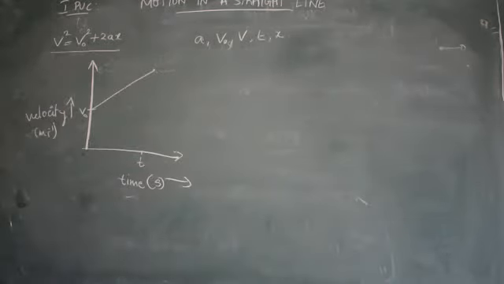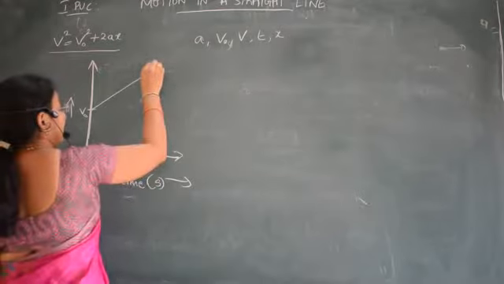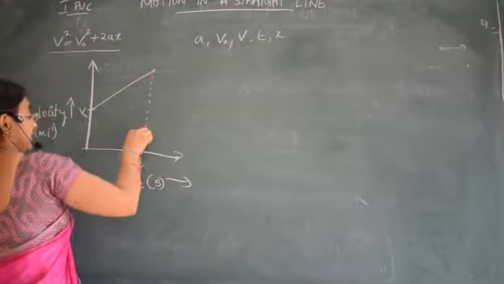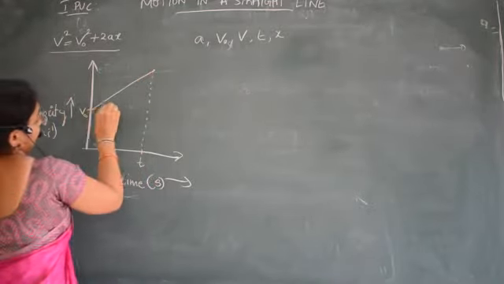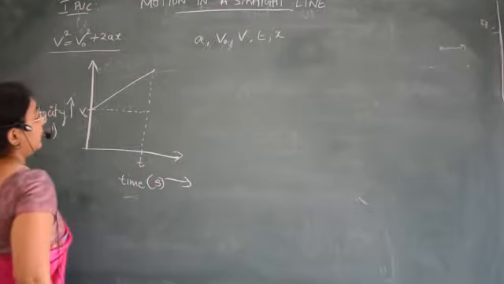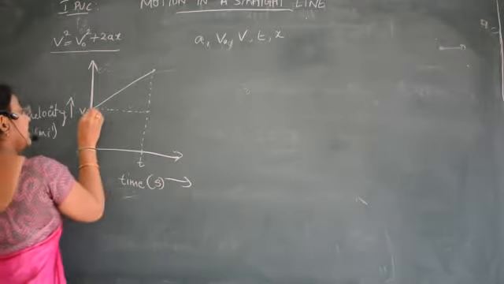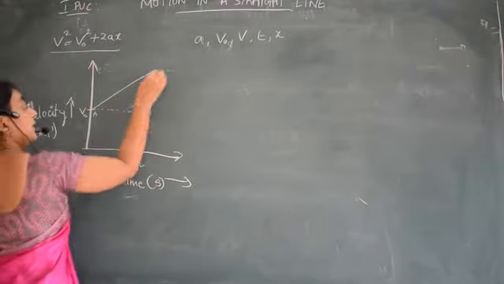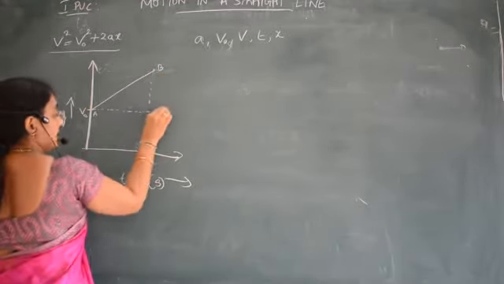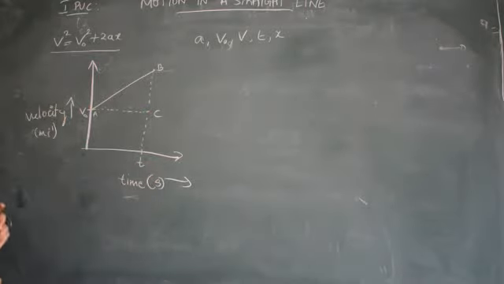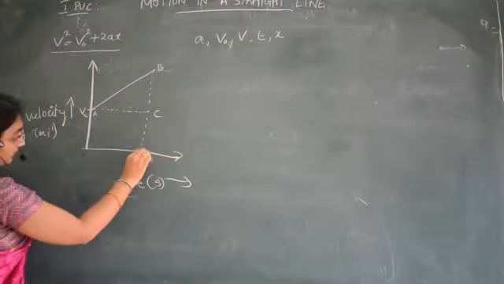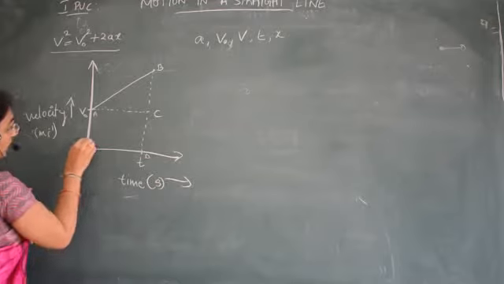Okay. So from this graph, I will mark it clearly. Let us draw it. We will divide this area into two. Okay. See, we will mark it as A, B, C. Okay. Then D, O.